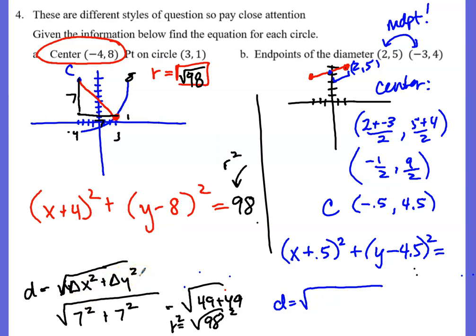So let's see. To go from the center, which is negative 0.5 for x, to this x value, this point, 2, 5, negative 0.5 to 2 would be 2.5, so I'm going to do 2.5 squared. The change in y, I'm at 4.5 in the center, and then I go to 5 on the end, so that's only a difference of 0.5.